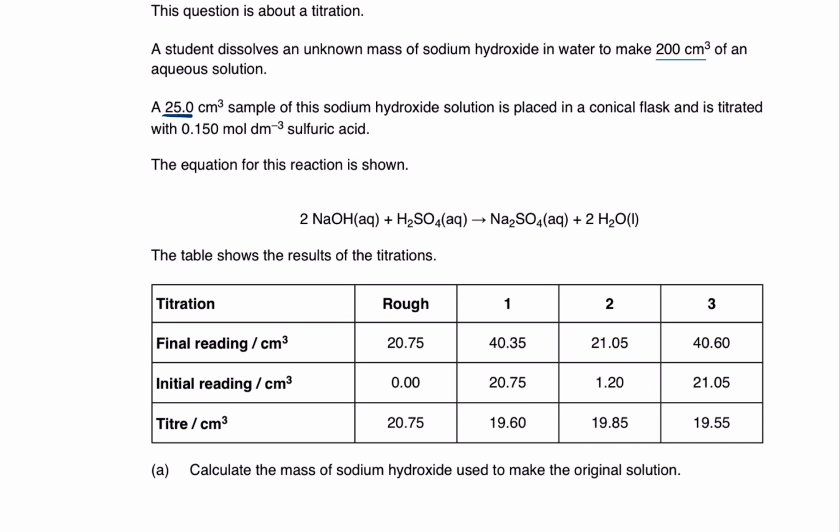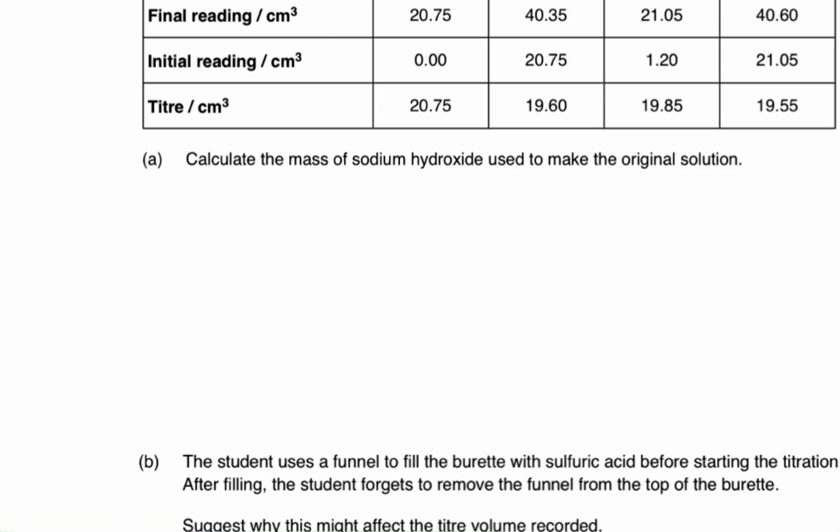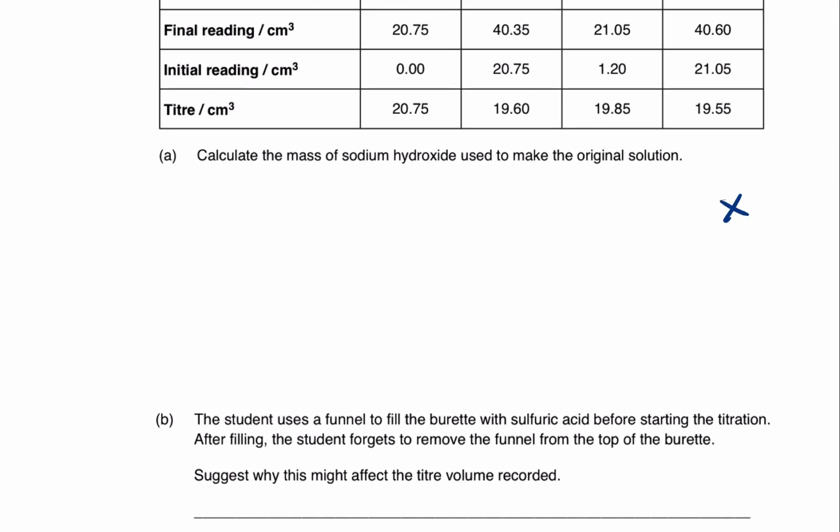A 25 centimetre cubed sample of this sodium hydroxide solution is placed in a conical flask. So I know that at some point I'm going to have to work out how many moles are in the 25, and then use that to work out how many moles are in the 200. So I'm going to make a little note to myself that at some point I'm going to have to times my value by 8.